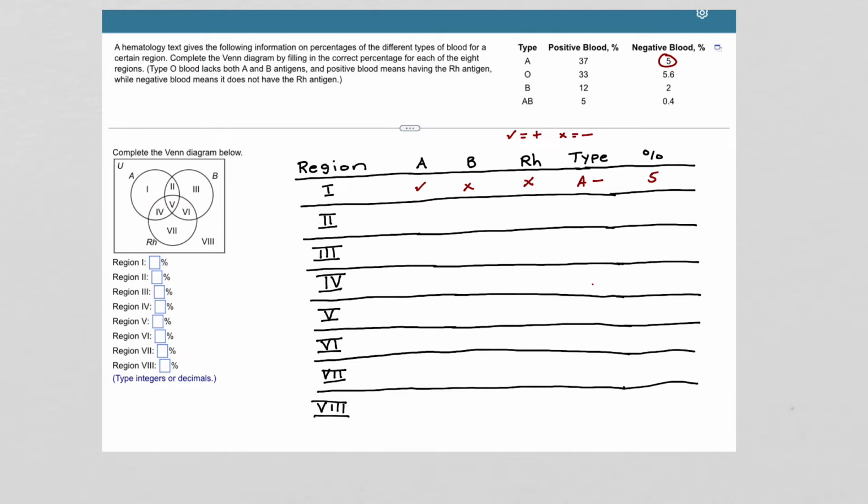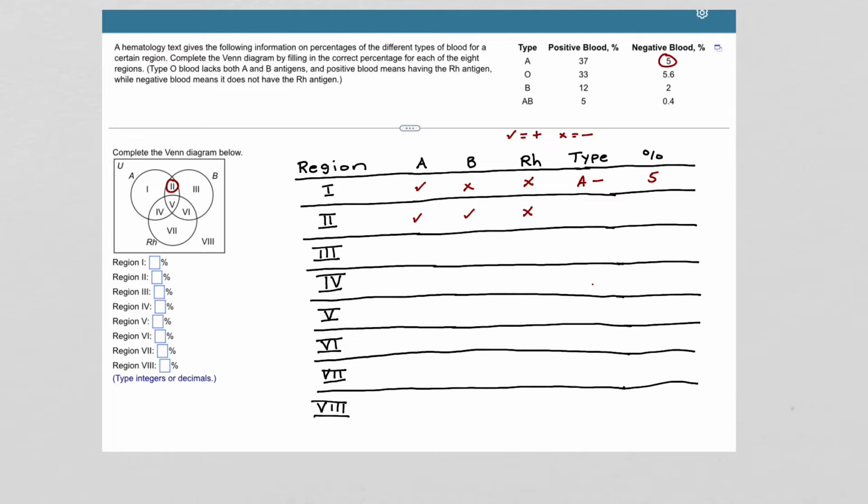Now let's take a look at region 2. Here, I'm inside the circle of A, so I'll put a check for that. Also inside the circle of B, so I put a check there. Still outside the RH circle, so we're going to say no to that.